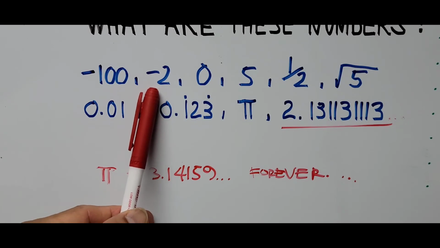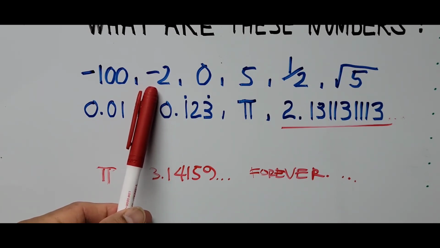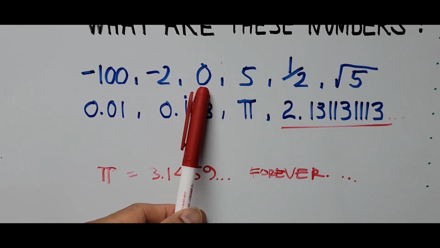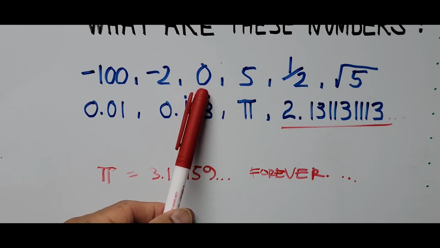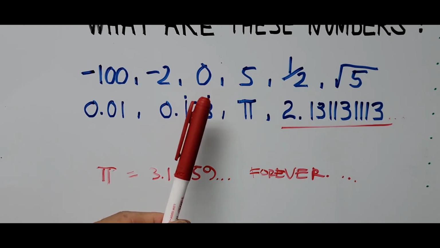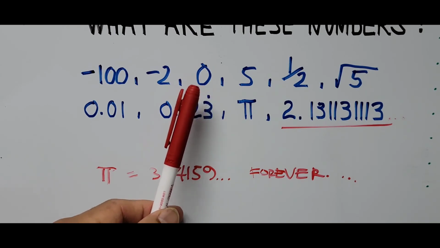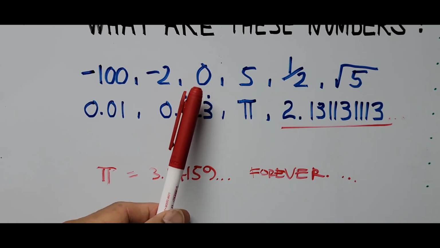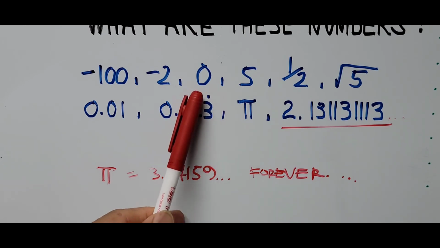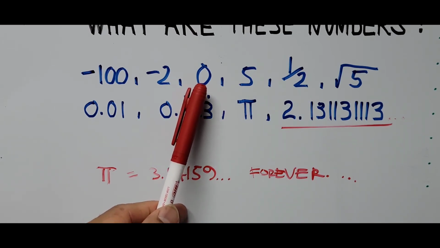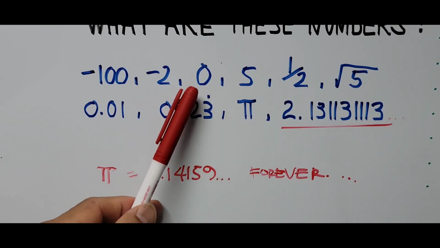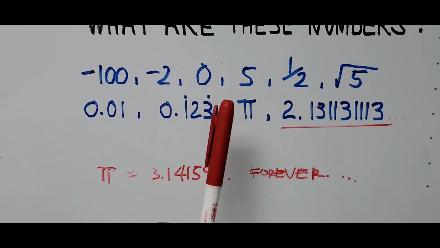So this is the same thing: integer, negative. And 0 is classified under integer also. 0 is neither a positive nor a negative number, and it is considered a whole number under integer.